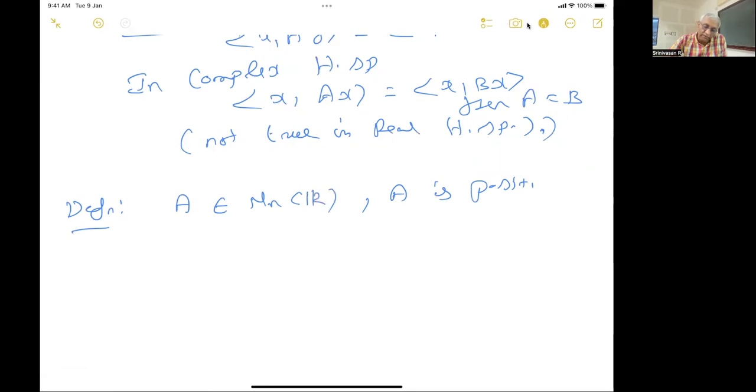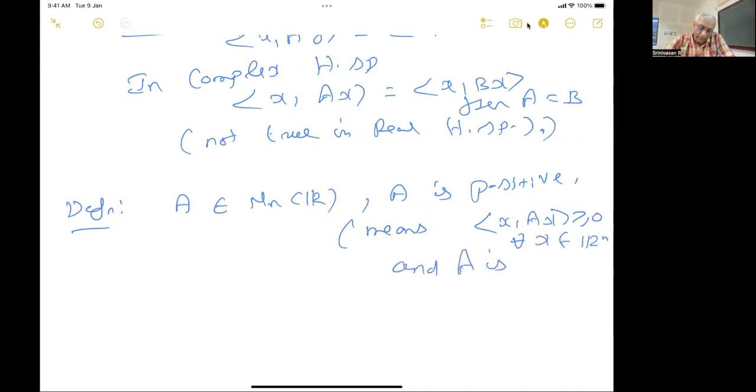A is positive. You should remember that in real matrices, positive means ⟨X, AX⟩ is greater than or equal to 0 for all X in R^n, and A is symmetric. Symmetric means A equals A transpose. This is true in general infinite dimension also: you can define symmetricity using the inner product.